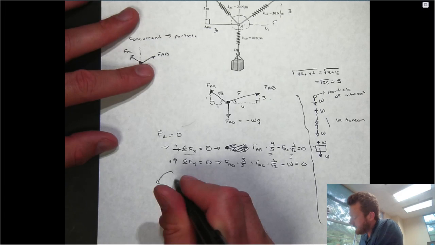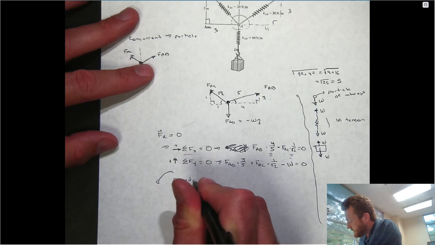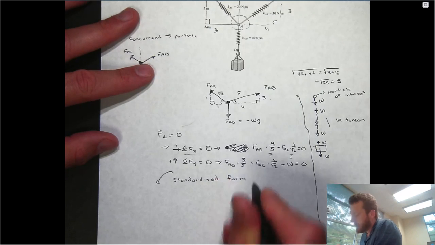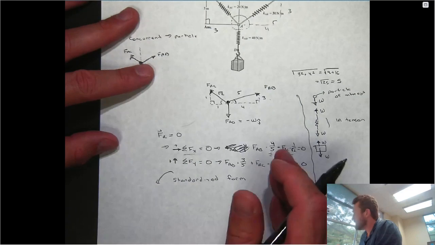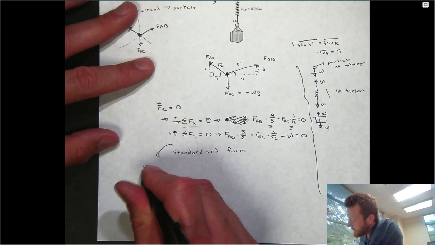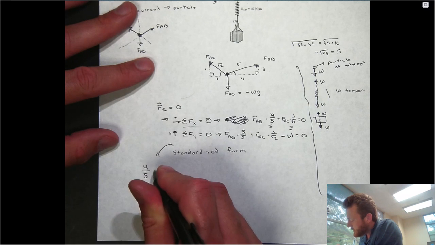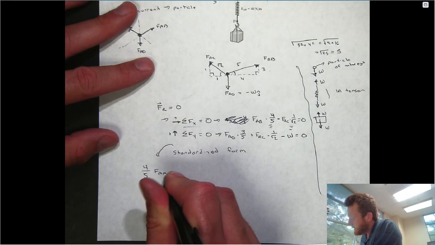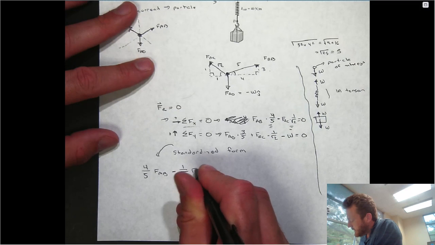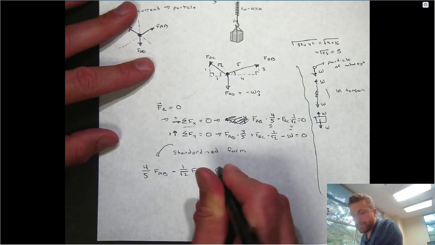So let's actually write these in standardized form. And what that means is that we're going to write coefficient unknown equals constant. So writing FAB as our first variable, the first equation is going to be 4/5 FAB minus 1 over root 2 FAC equals 0.